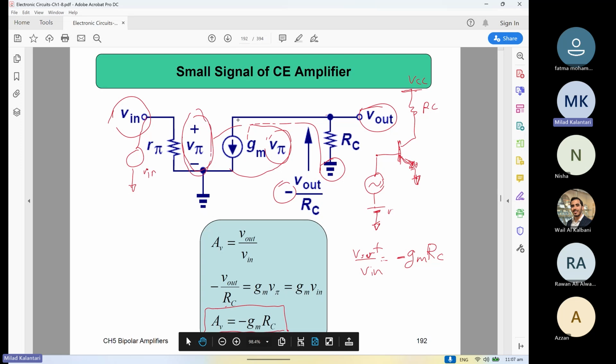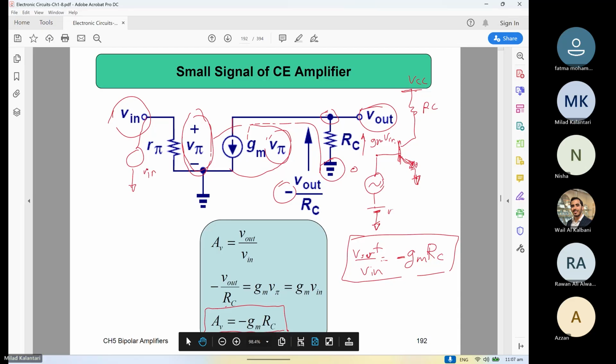So you know this current gm V in, and all the current is passing through this resistor, right? The current passing through the resistor means that this voltage is what? Here is 0 volt. Here you have the current of gm V in. What is this voltage? It's V out, right? Just the voltage across the resistor once you know the current. And then it will be like this, right?